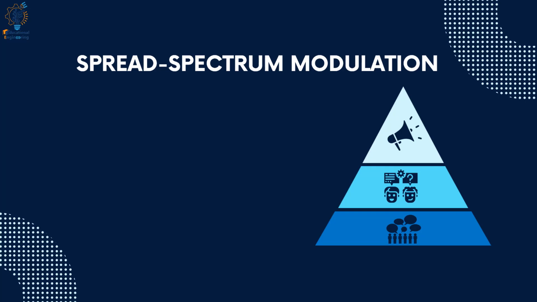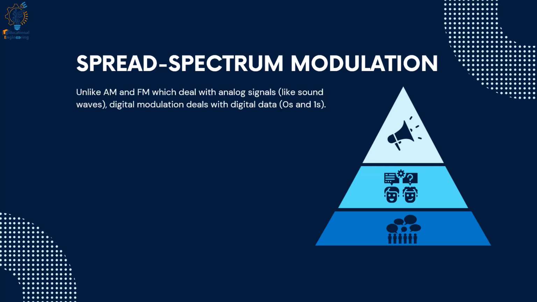Chirp modulation, on the other side, is a more sophisticated technique. It falls under the category of digital modulation, more specifically a subcategory called spread spectrum modulation. Unlike AM and FM, which deal with analog signals like sound waves, digital modulation deals with digital data, zeros and ones.